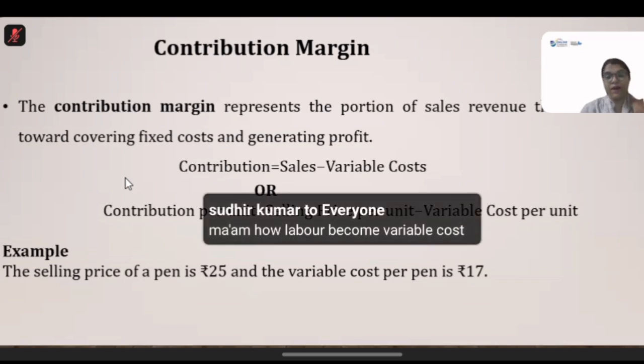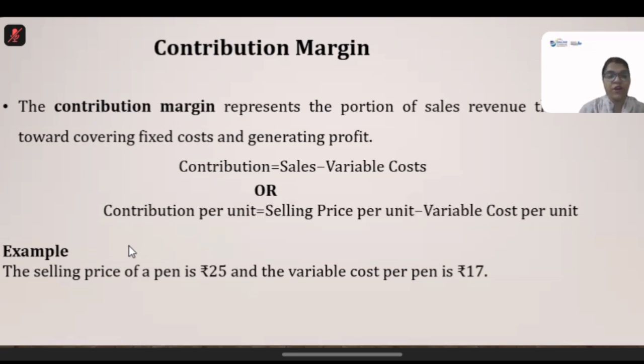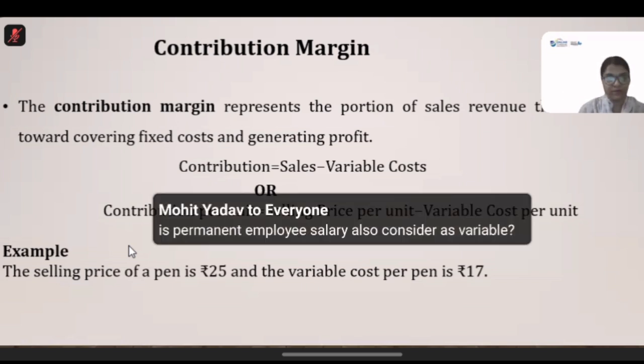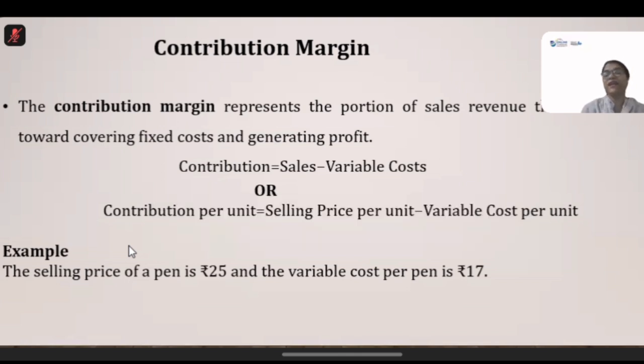Next, we are going to talk about the contribution margin. Now, what is contribution margin, students? Contribution margin means a portion of sales revenue that contributes to generating profit, which covers your fixed cost. Okay, so the formula that we use for contribution is sales minus variable cost. You have to remember this.